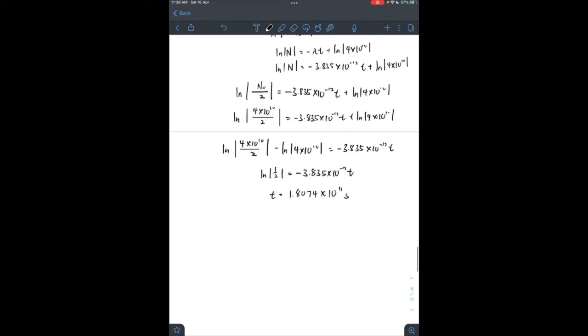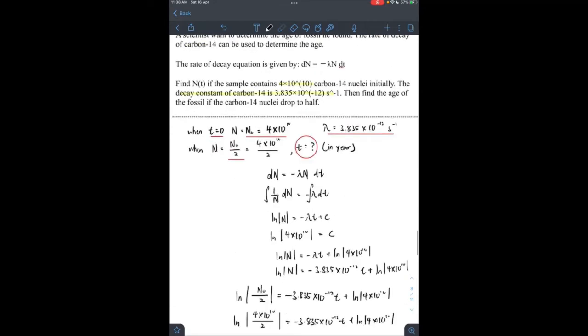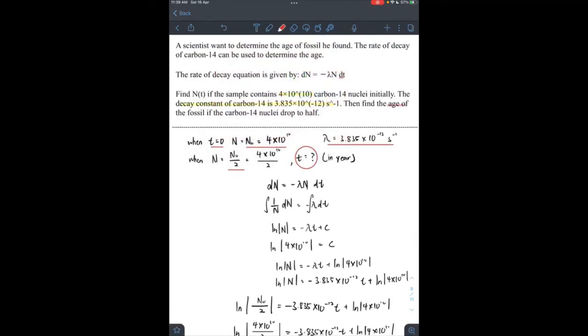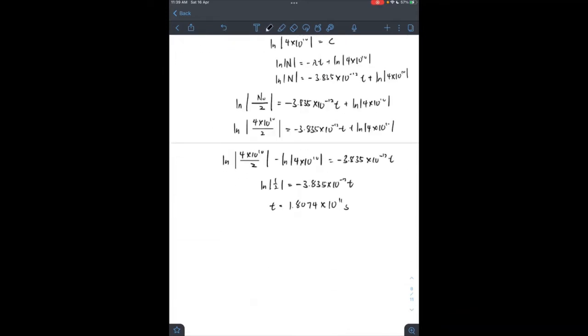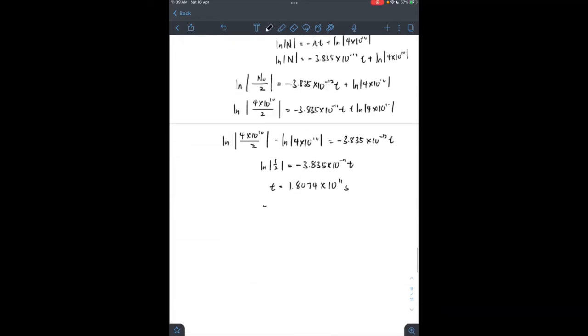To convert the seconds, because the question is a very important part, the question needs the age of the fossil. So now we need to convert it into years. To convert it into years, we need to divide it by 60, 60, 24, 365.